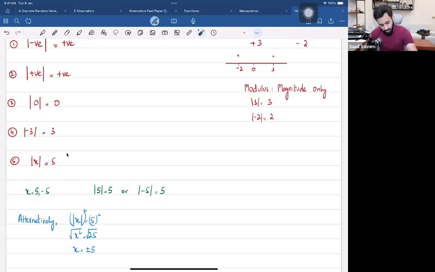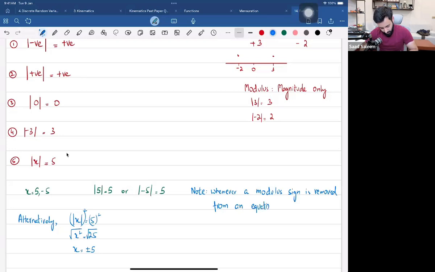So I'll write down a note that whenever a modulus sign is removed from an equation, there will be plus and minus.